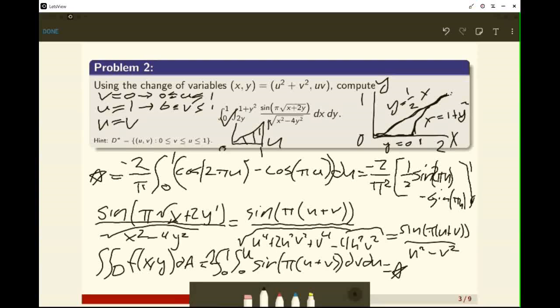Those are evaluated from 0 to 1, but we can see that we're going to get sine of 2 pi, sine of 0, and sine of pi, and all of those are 0. And so every term in that vanishes, and we can see that our initial integral that we cared about, that we would have sort of very little hope of doing directly in terms of x and y, just turns out to be 0.